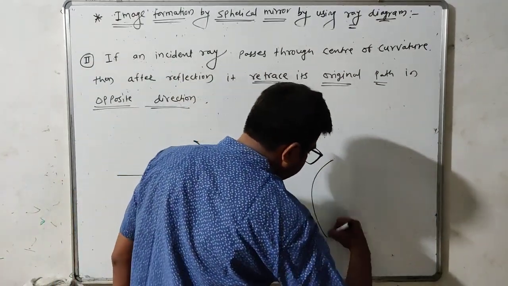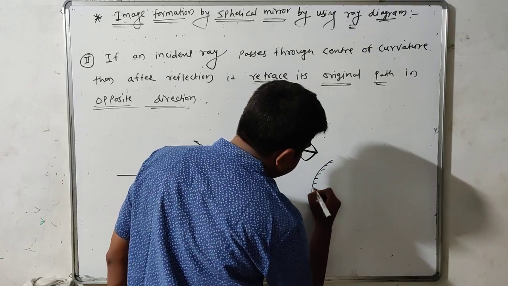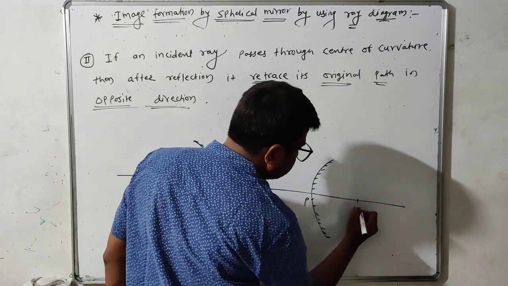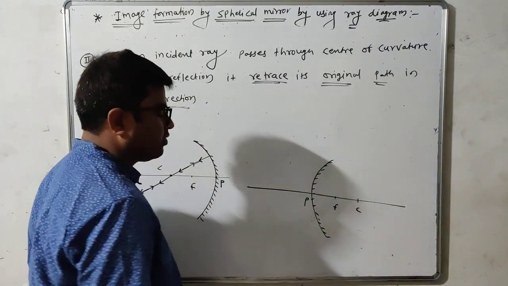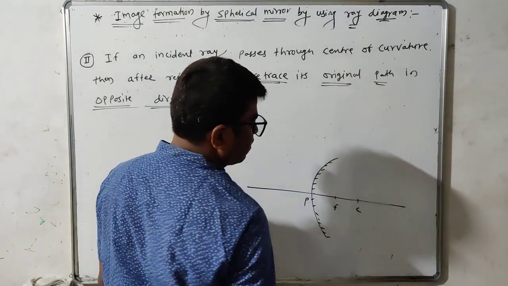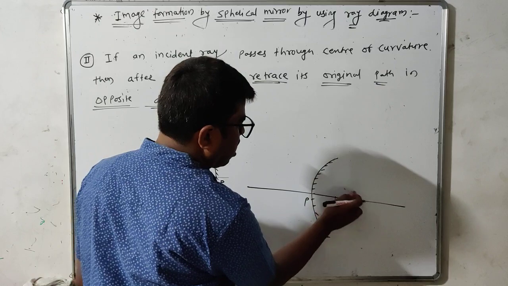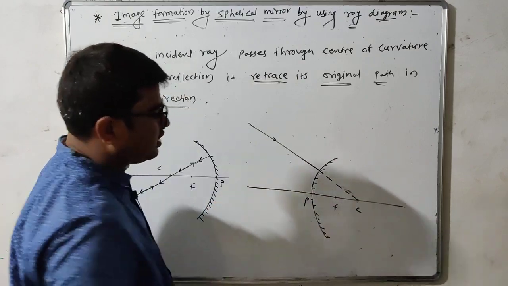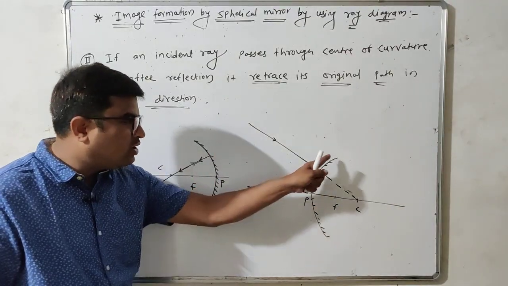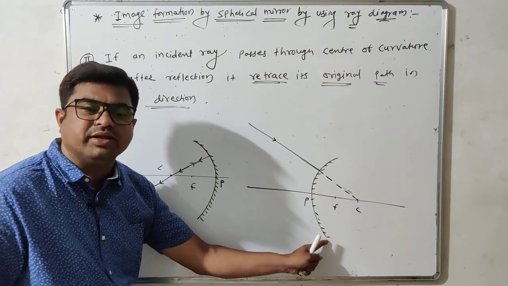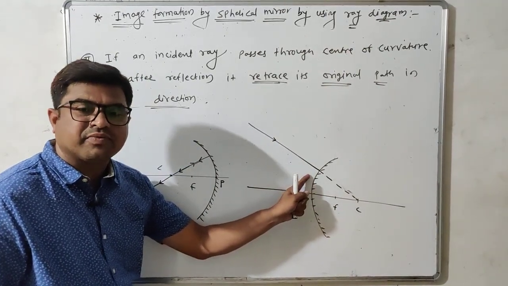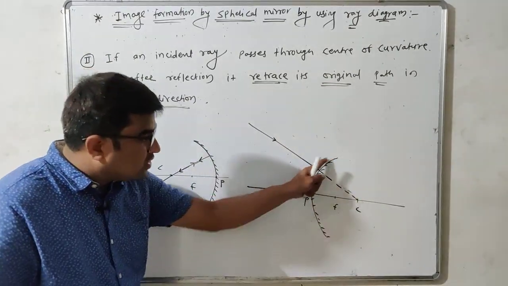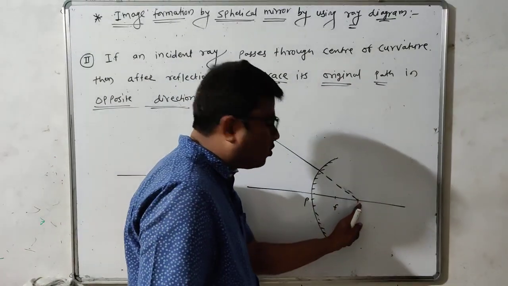Let us again draw a diagram for the convex mirror. This is the convex mirror, this is the pole, this is the center of curvature, and this is the focus. Now if a ray of light is incident on the reflecting surface of this convex spherical mirror like this, if the mirror were not in its path, it would directly be incident on the center of curvature.